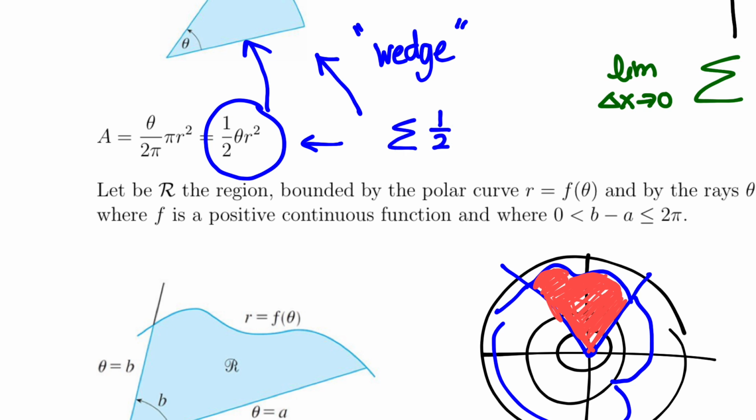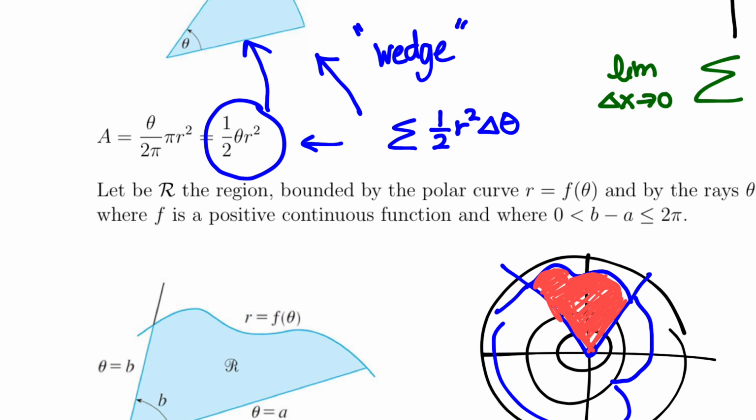1/2 theta r squared. But theta, remember, is like x. It's changing. What I want to do is take one wedge, but then shrink it down. Because we don't have an x to shrink, we have theta to shrink.